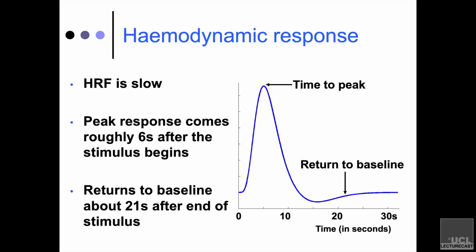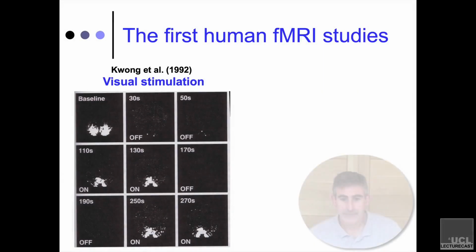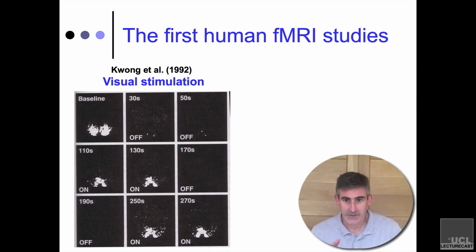So if you just had something very focal happen in time that caused a spike in neuronal activity locally, you get this characteristic hemodynamic response function that you can see on the plot, and it's slow. It's much slower than the neuronal activity that we're interested in. Nonetheless, that's what we've got, and that's what's important about the basics of the physiology of fMRI.